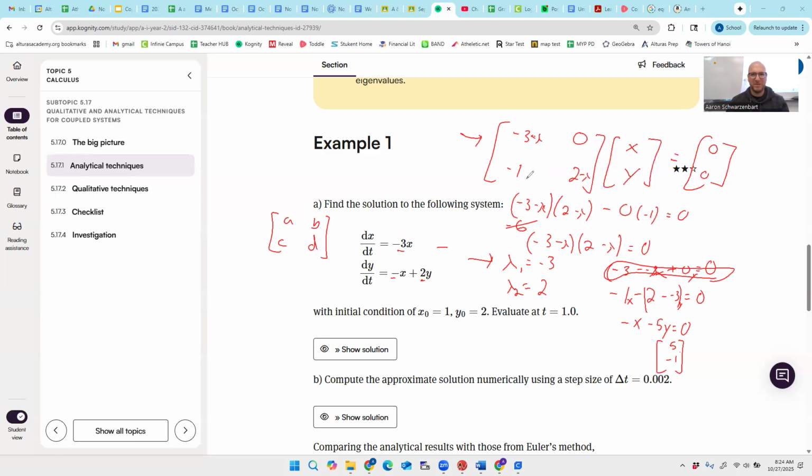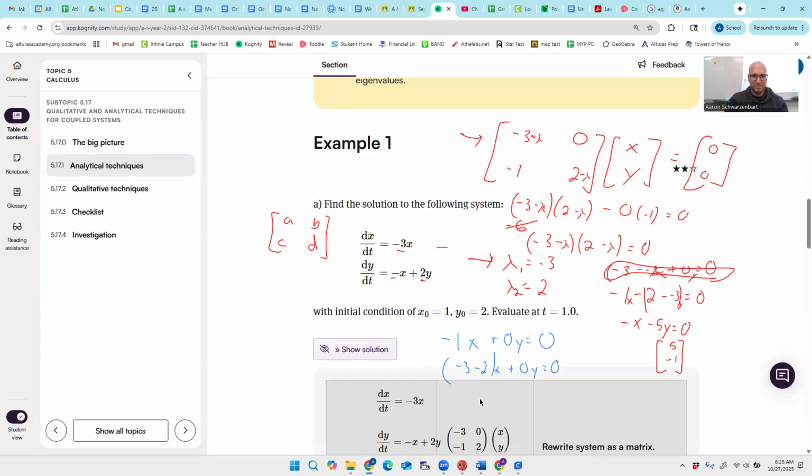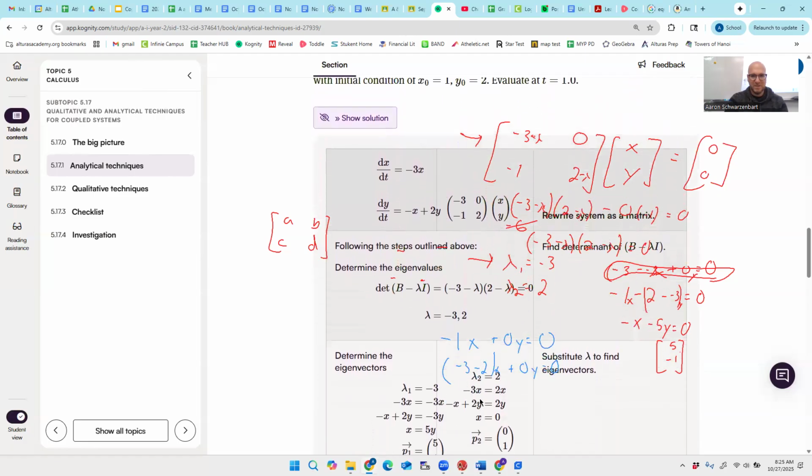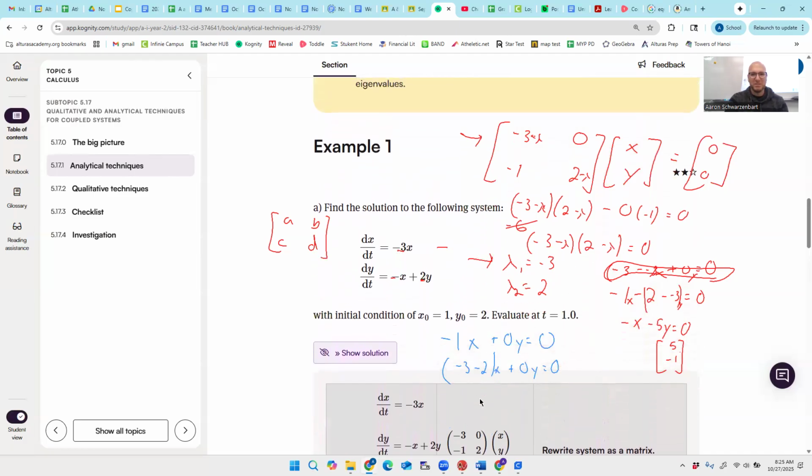Let's do the second one. So now let's just ignore the first line. Negative 1x plus 2 minus 2. Well, that one's not working out. Okay, I see what I can do with my eigenvectors.